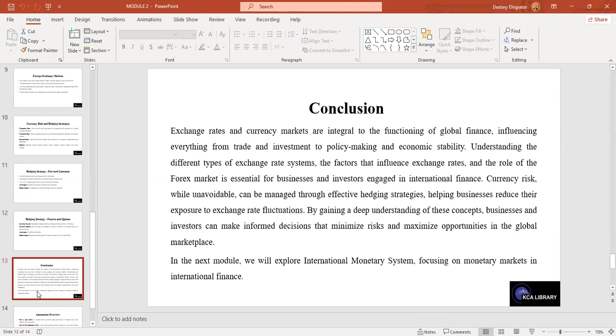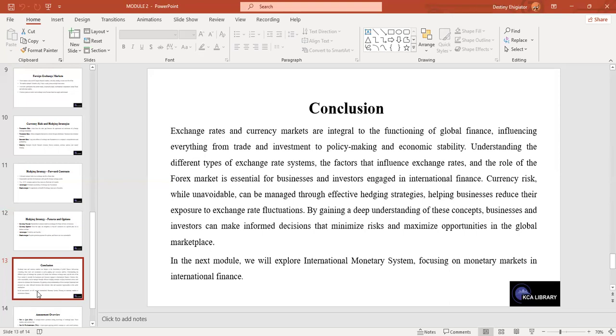By way of introduction, exchange rates and currency markets are integral to the functioning of global finances, influencing everything from trade and investment to policy making and economic stability. Understanding the different types of exchange rates, the factors that influence exchange rates, and the role of Forex is essential for businesses and investors engaged in international finance.